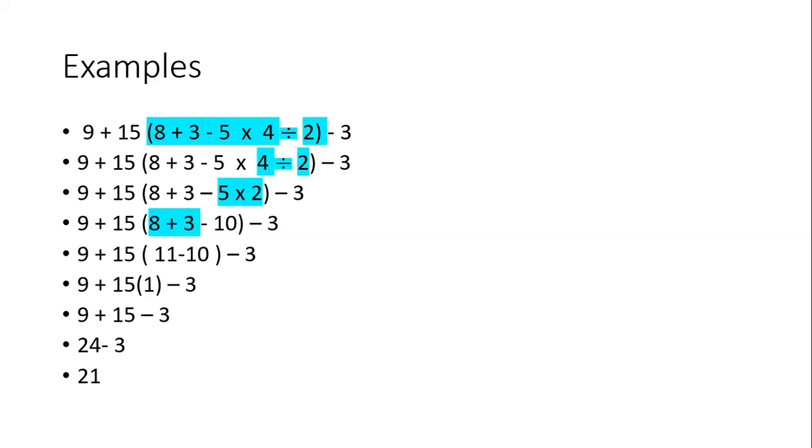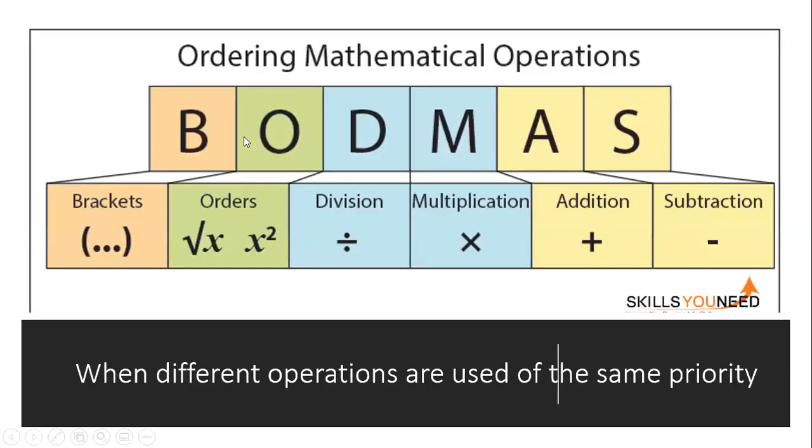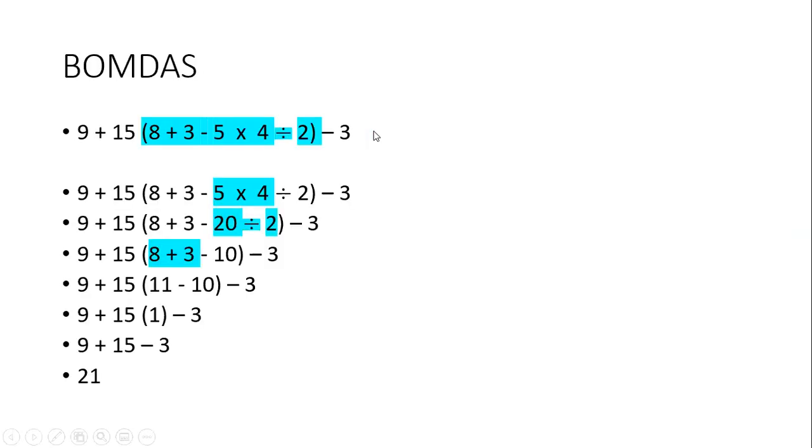Okay, so after brackets, we have orders, but we don't have any orders in this question, which would be a square root or something. Then we have division or multiplication. I'm showing you guys that it doesn't matter if you work out the division first or the multiplication first, because we could have had BODMAS or BOMDAS.